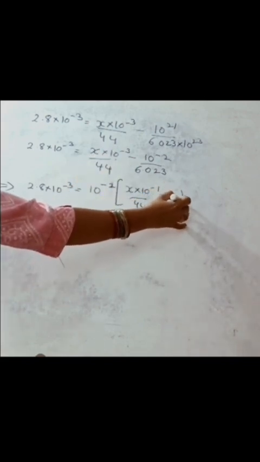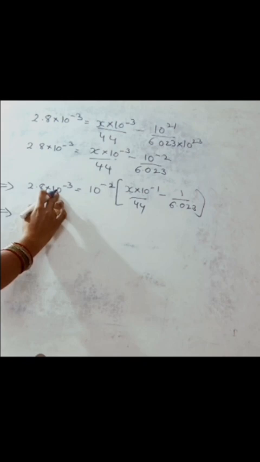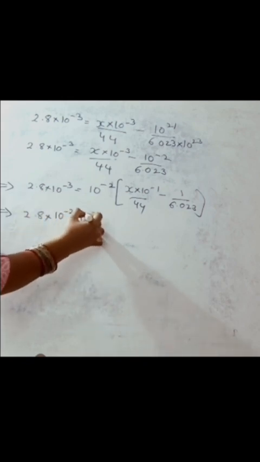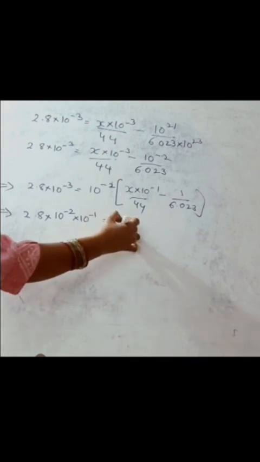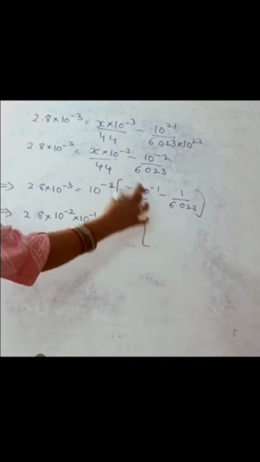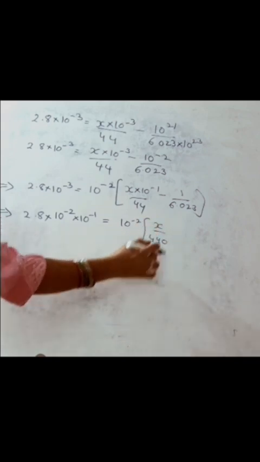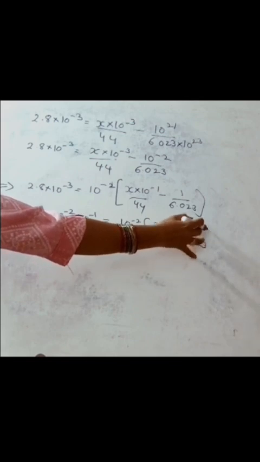That implies 2.8 into 10 power minus 3 I am writing as 10 power minus 2 into 10 power minus 1, which is equal to 10 power minus 2 into X by 440 minus 1 by 6.023.